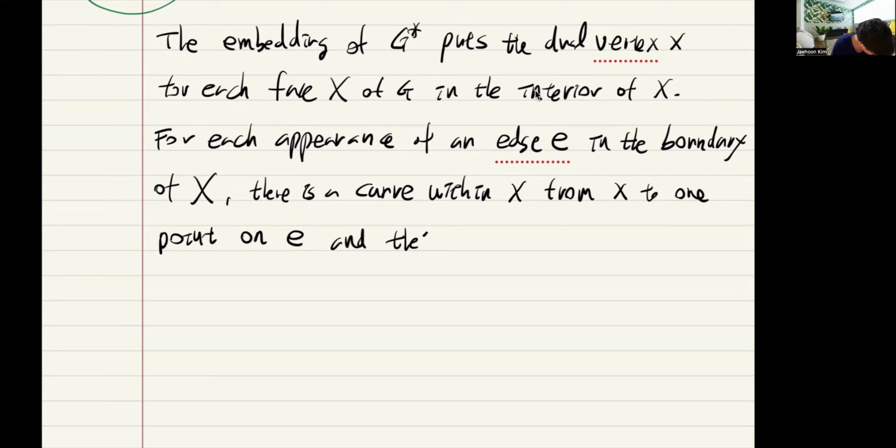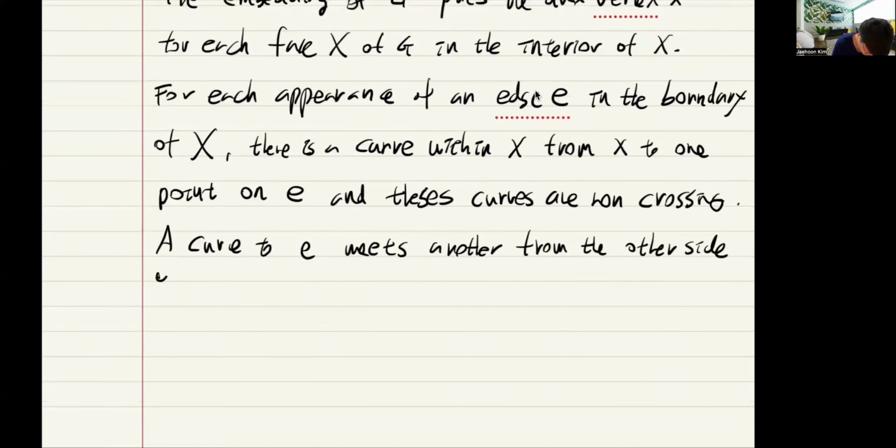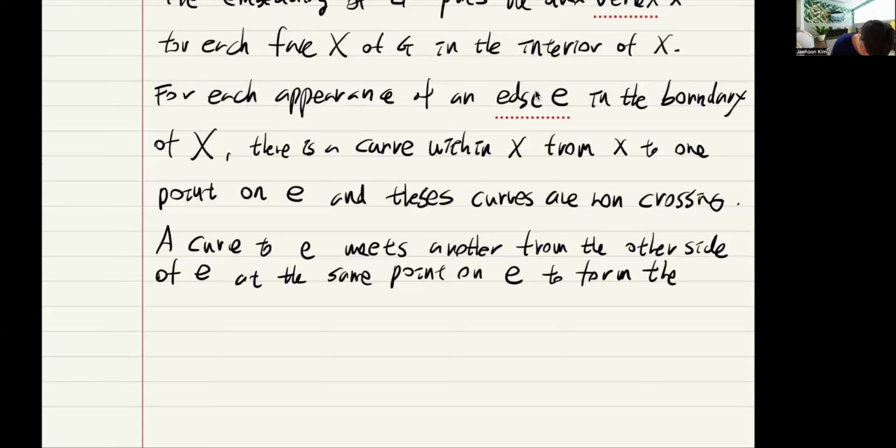and these curves are non-crossing, and the curve to E meets another from the other side of E at the same point on E. So that forms the dual edge E star.